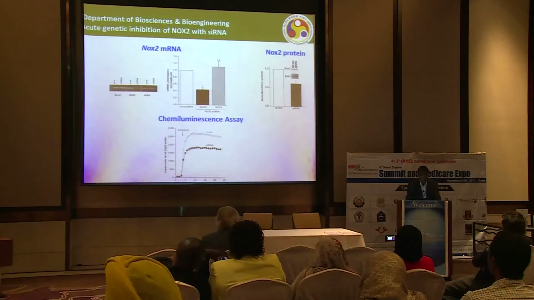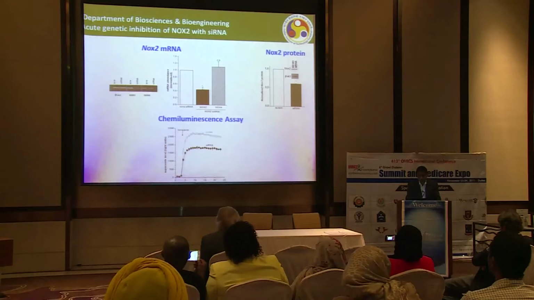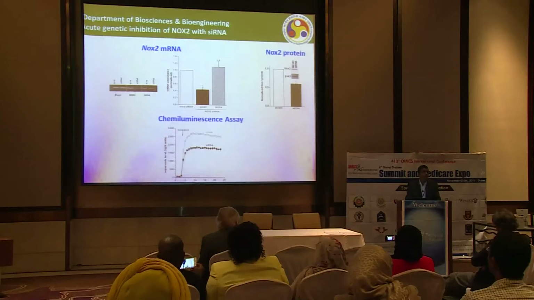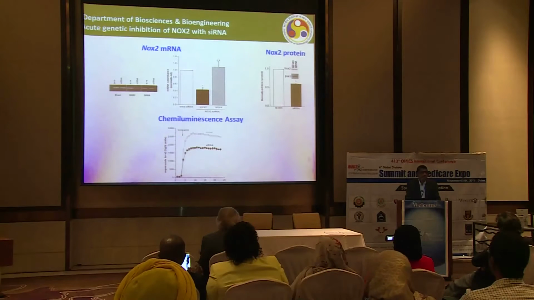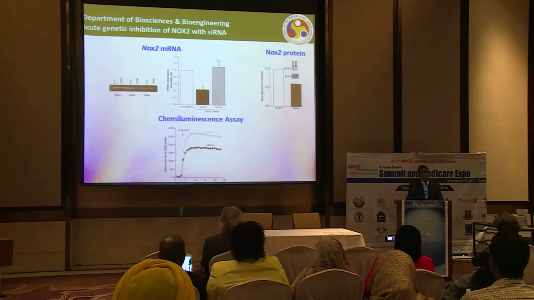To reiterate the point, we used a genetic method, knockdown of NOX2 mRNA using siRNA. In endothelial cells transfected with siRNA against NOX2, we could significantly reduce superoxide production, as shown here in the lower figure.